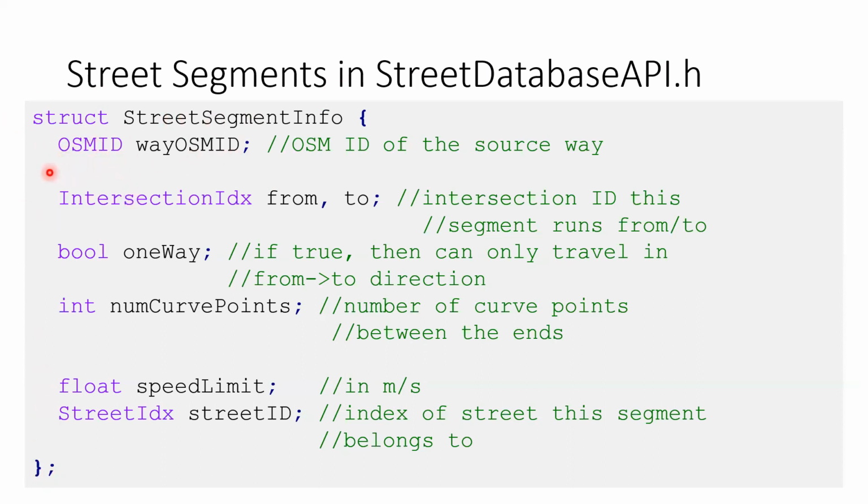The first field is the OSM ID. The OSM ID is a unique ID that's unique globally. So it's unique between all of the cities in the library, all of the intersections, and all of the street segments. So this is a huge integer.